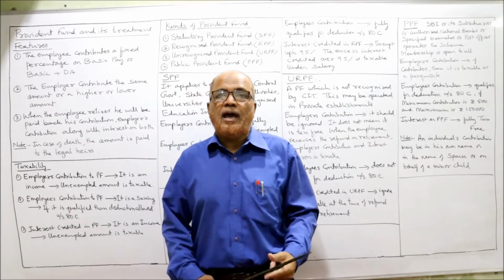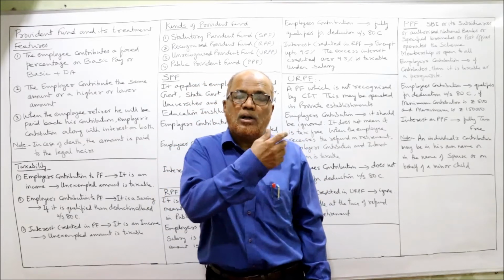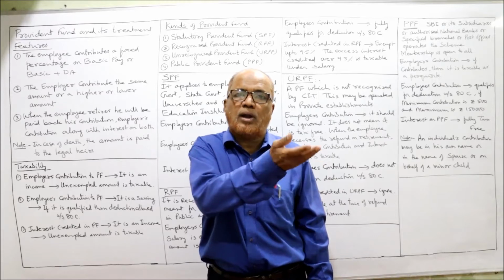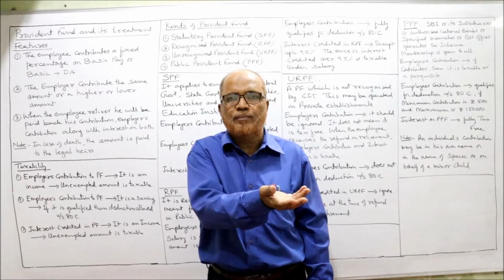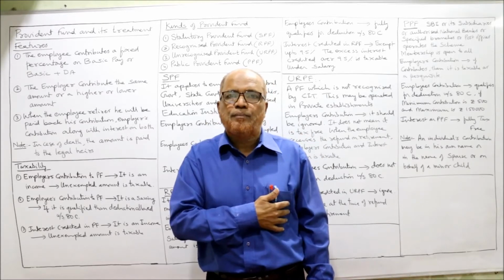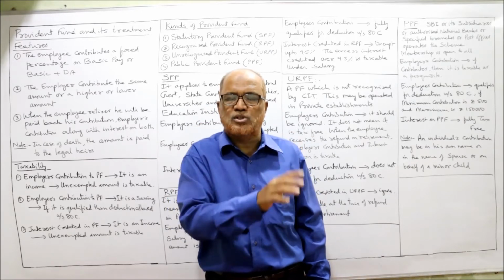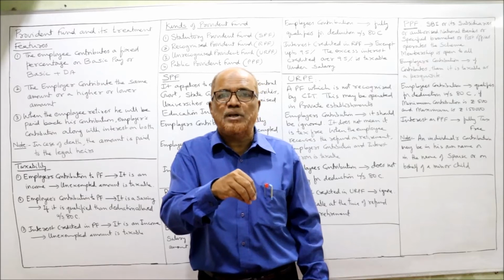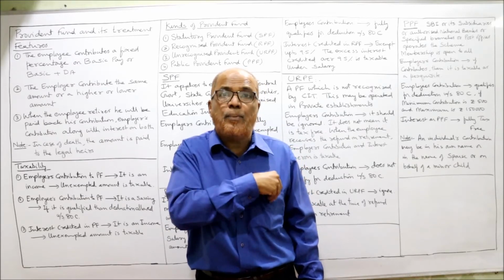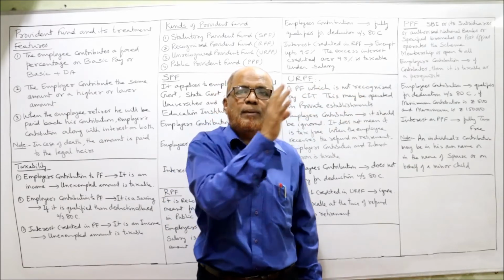Along with that, the employer will also contribute the same amount, or a higher or lower amount. Let it be the same amount. 1,000 rupees are deducted from the employee's salary and deposited. The same 1,000 rupees will be deposited by the employer in the account of the employee.